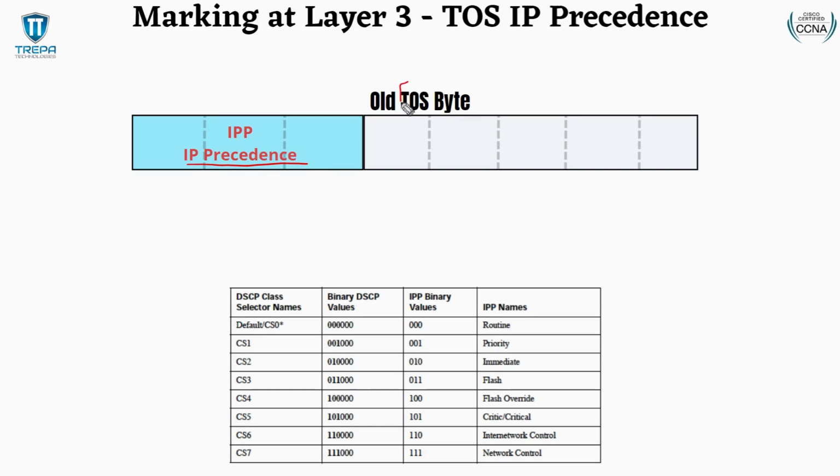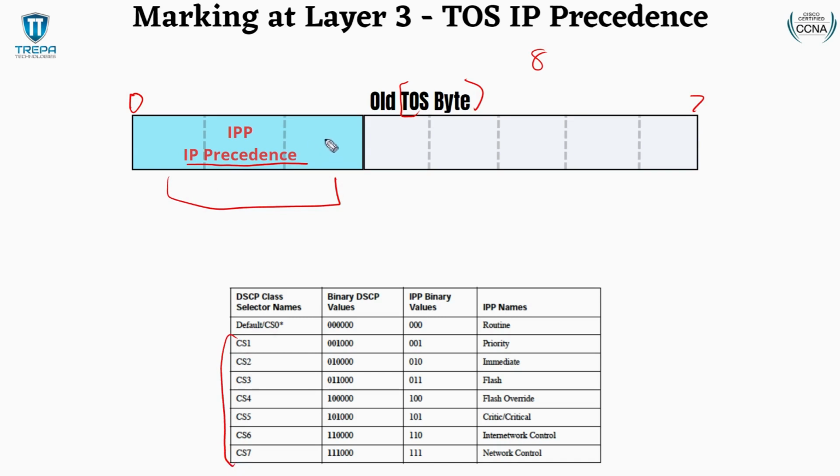So in that type of service byte, we still had 8 bits, 0 through 7, right? Well, these first 3 bits are how we classified or marked traffic, and we called that a class selector.